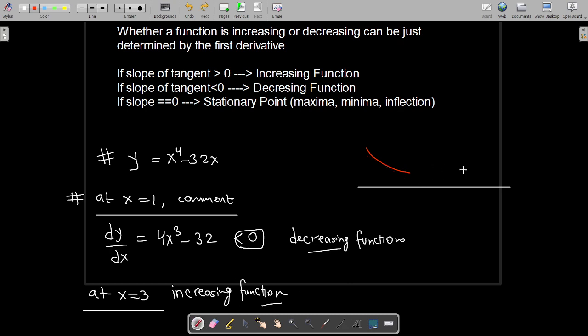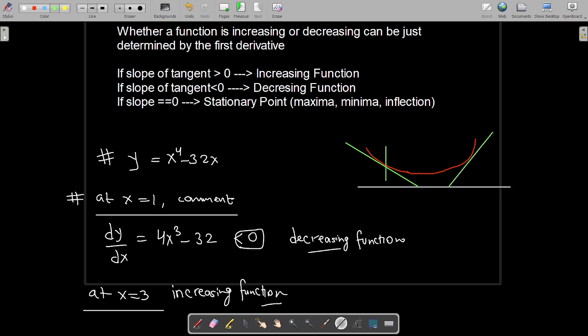It's a decreasing function, and then here it's an increasing function. It must have met somewhere here. Let's draw the tangent. This tangent slope is negative, right? This was the point x equals 1. On this side, this is a positive tangent.